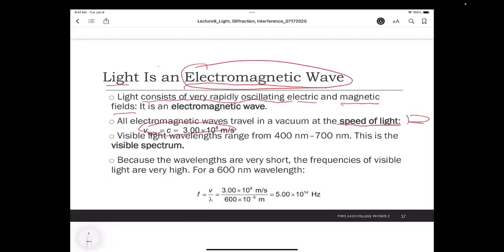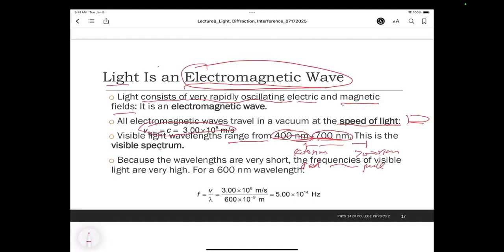Visible light wavelengths range from 400 nanometers to 700 nanometers. This is the visible spectrum. I think I have already shown this to you in the light spectrum, from 400 nanometers to 700 nanometers, from red to purple.